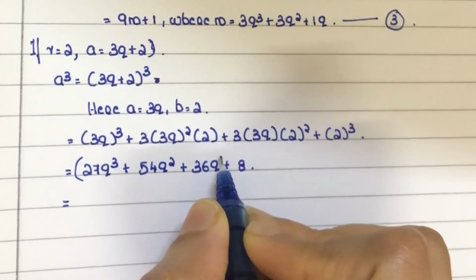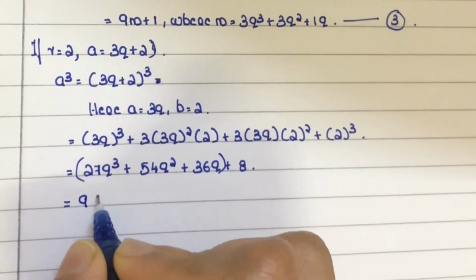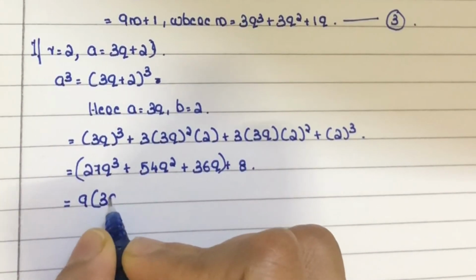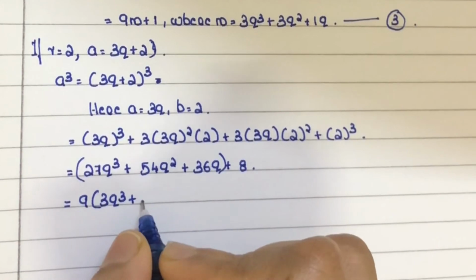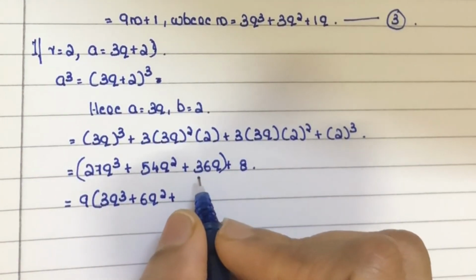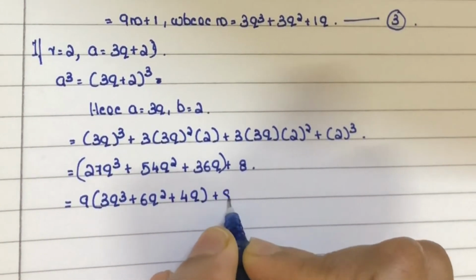Here 9 is common. So in this first 3 terms 9 is common, so take it out. That is 9 into 3 is 27. So 3q cube plus 9 into 6 is 54. So 6q square plus 36. 9 into 4 is 36. So 4q plus 8.